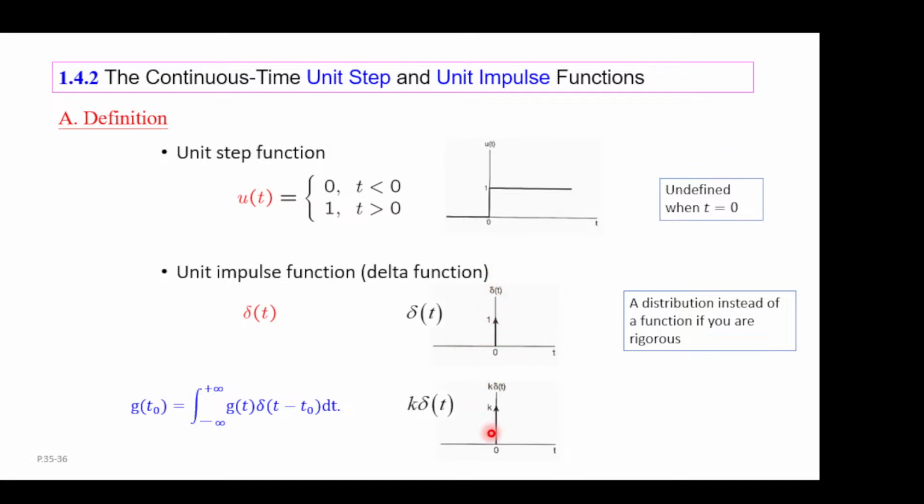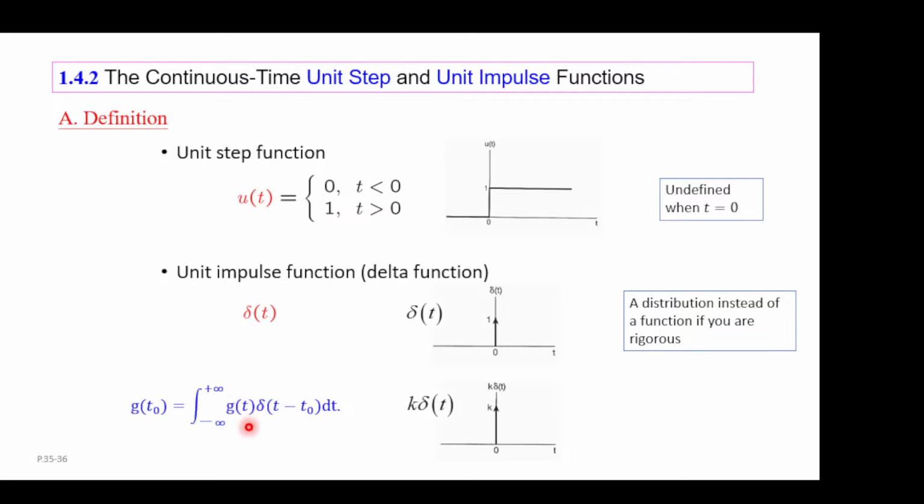How this infinity makes sense is through integration. We basically define this by a shifting property on a function. If you multiply your delta function at t minus t0 with any function g of t, it will pick out the function value at t0.